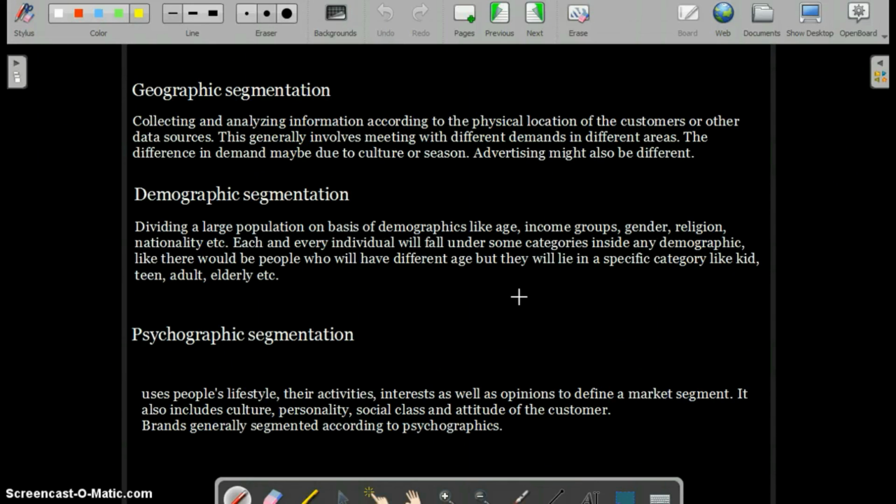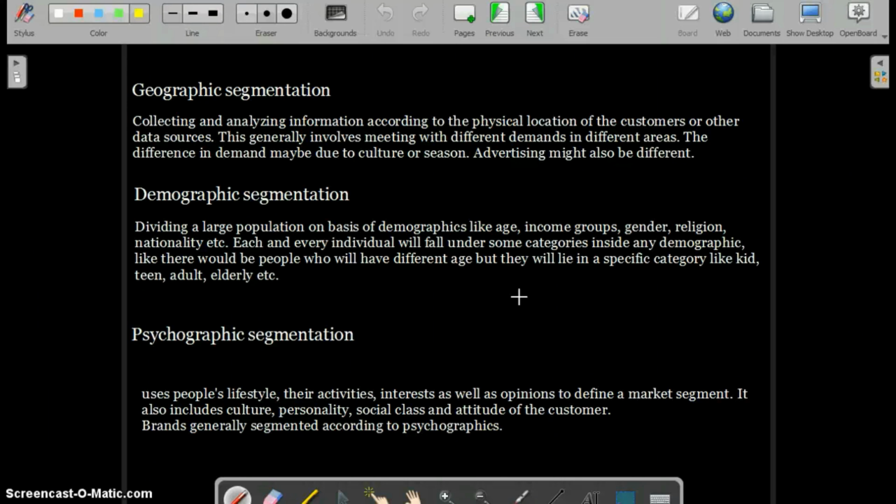Like McDonald's, like Coca-Cola, if there's some festival like Eid, they try to celebrate that in advertisements and all. They divide their market based on that as well. So different brands have different approaches, but generally it's psychographic for branded, and for normal businesses they go for demographic. Some even go for geographic as well. These are just some examples.